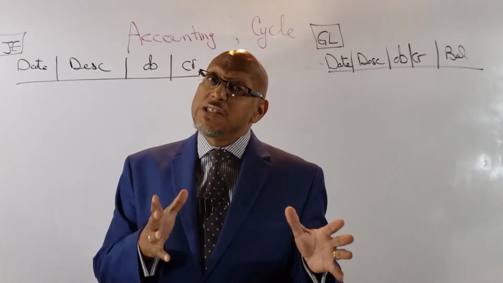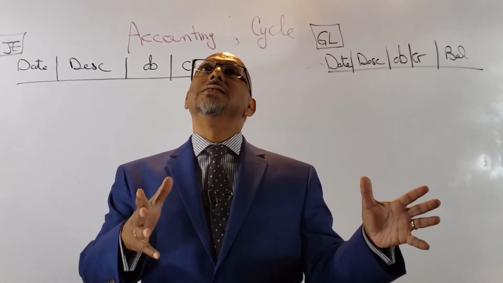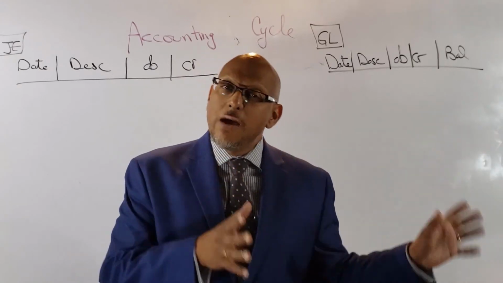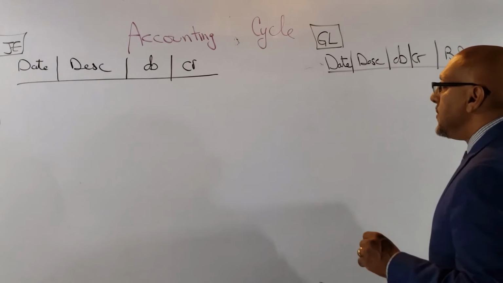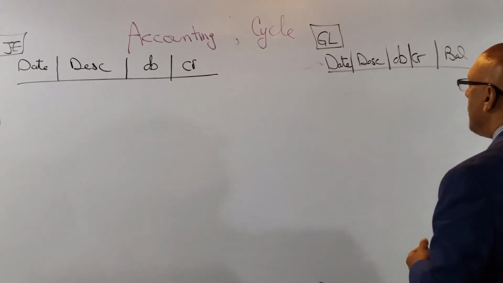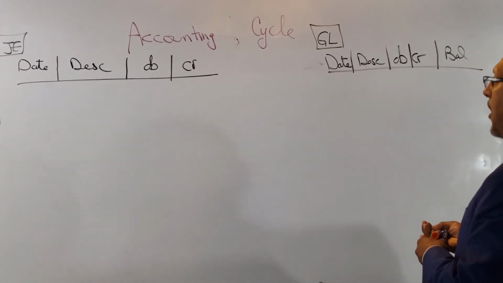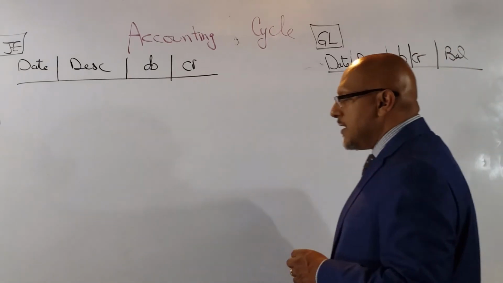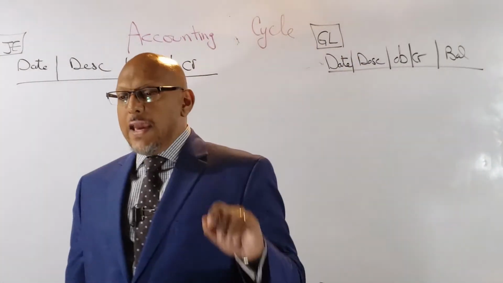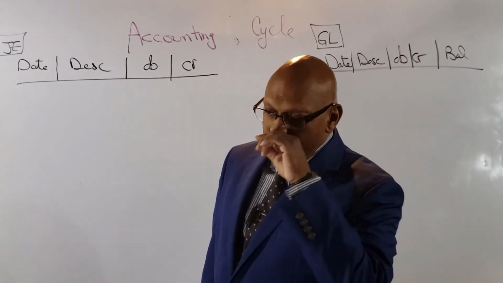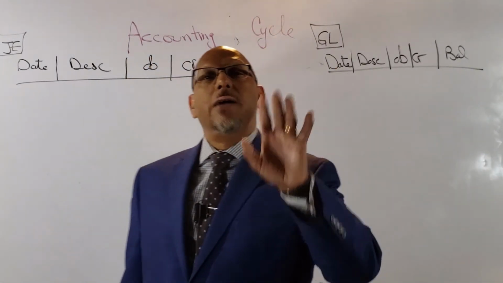This is another adjustment, but the final adjustment of the month is to adjust the temporary accounts to permanent accounts. So we are talking about revenue. The normal balance of revenue is a credit. And I said earlier, you never, ever, ever debit revenue.